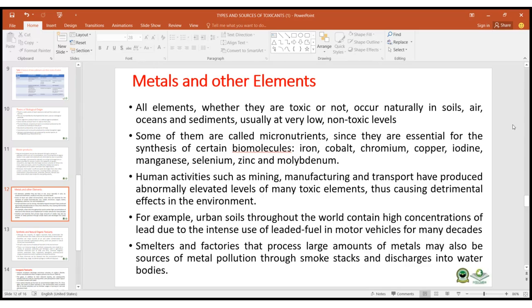That means they contain lead inside of them. And then there are also other industrial activities like smelting that give rise to large amounts of metals. Okay. And they may also be sources of metal pollution through smoke stacks and discharge into water bodies.